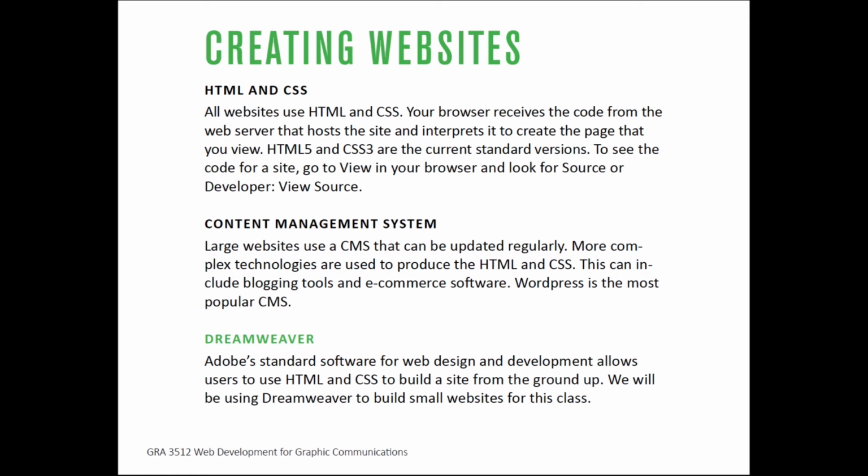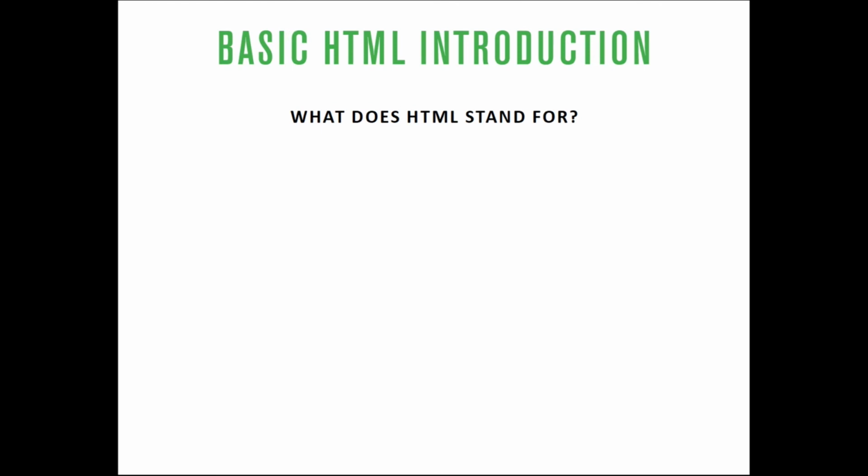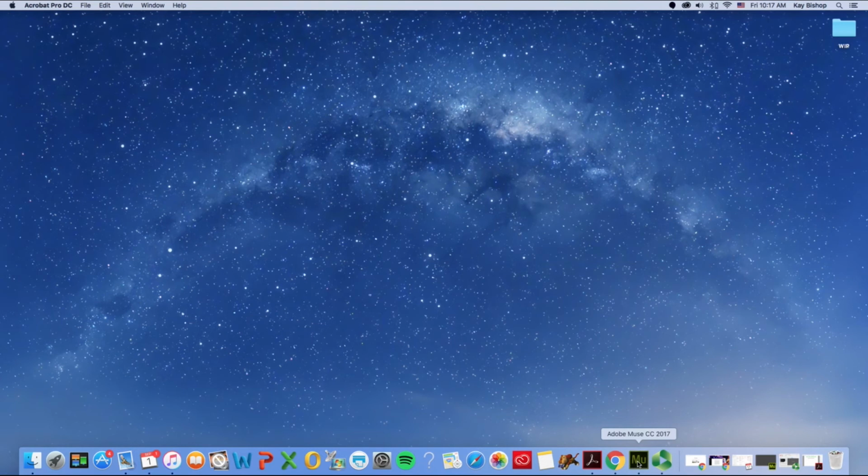They use Drupal, Dreamweaver, and then the language is ColdFusion. So Dreamweaver is still viable. And we will talk more about basic HTML in the next module. Let's go ahead and open Muse and set up a new site in Muse.